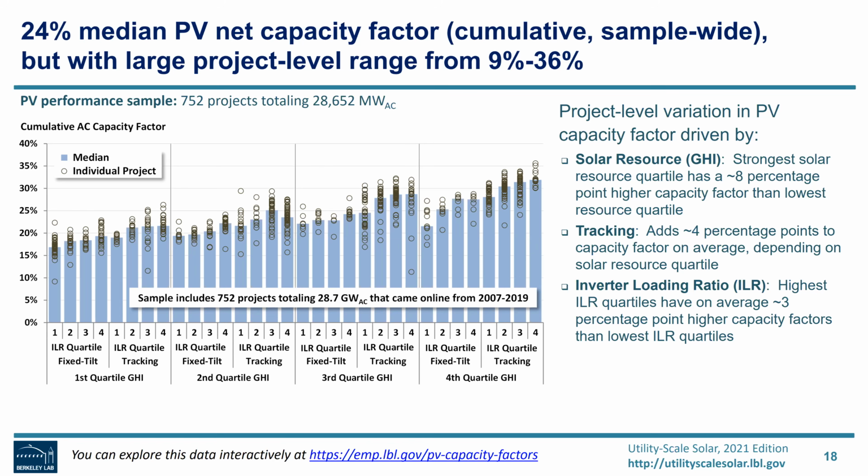At the very first level down at the bottom, we split up the sample into quartiles depending on how strong the solar resource is at each site. We then further split it up into those projects where the modules are mounted at a fixed tilt versus tracking the sun throughout the day. And then finally, we also break it up into quartiles depending on the DC to AC ratio or inverter loading ratio, also known as ILR, of the plant.